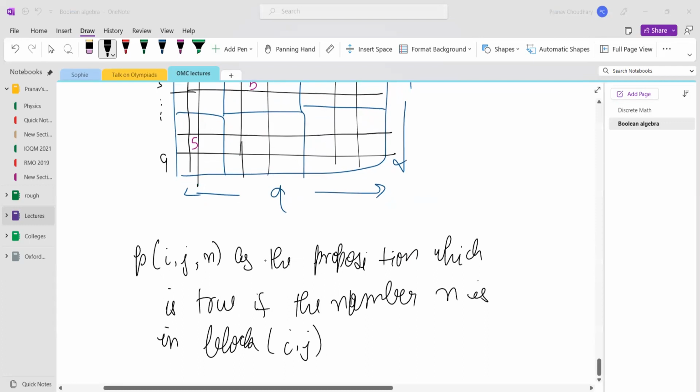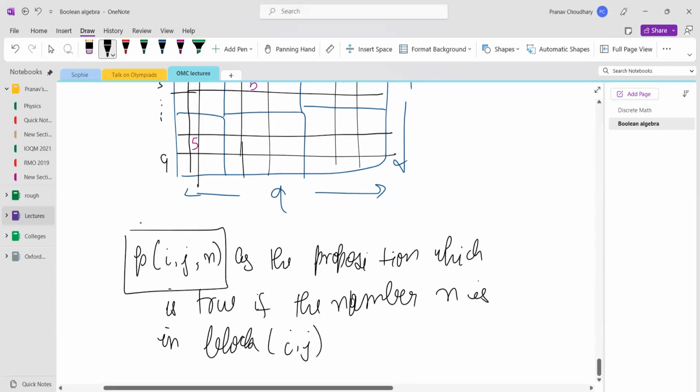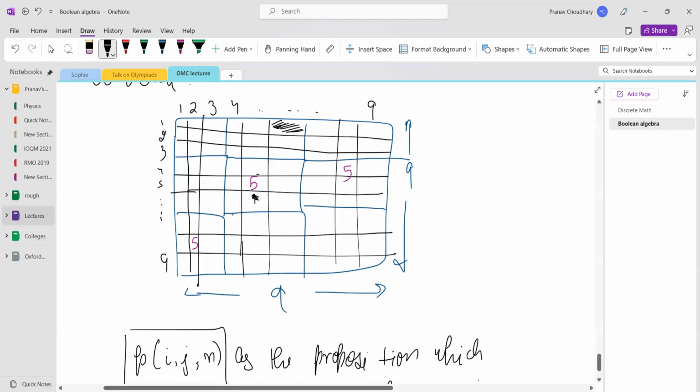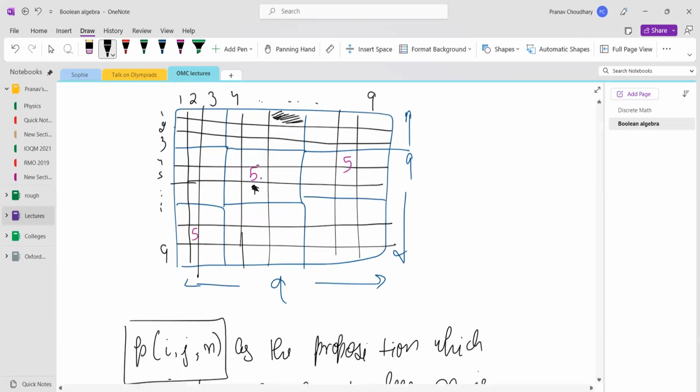Is it clear how we are defining the propositions? Let's say there's a 5 here. We'll also encode the other blocks, because when we see the final set of conditions, we'll need that.